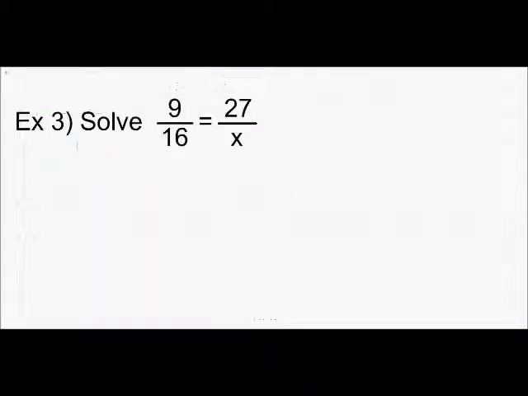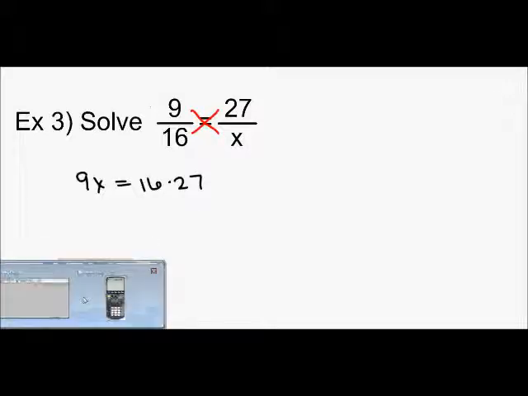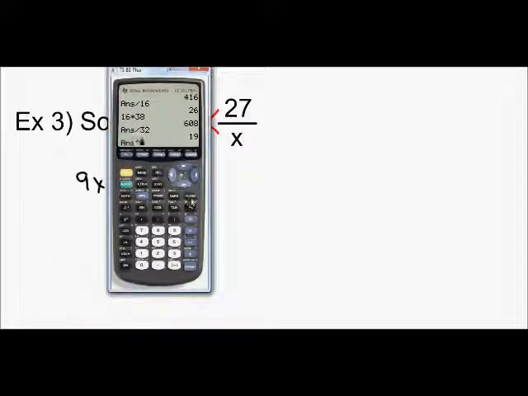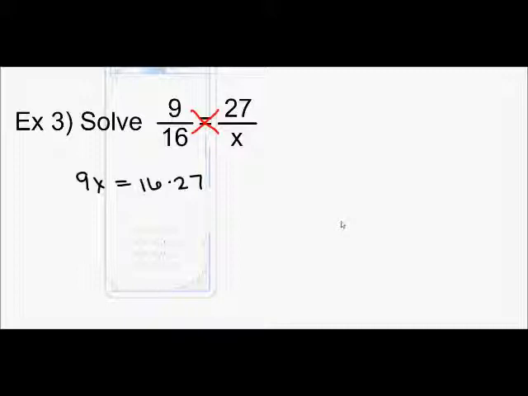Okay, example 3, solve the proportion 9 over 16 equals 27 over x. We're going to do this by cross multiplying. I'll show you 2 different ways. So first, I'm just going to say 9x equals 16 times 27. So 16 times 27 is 432.